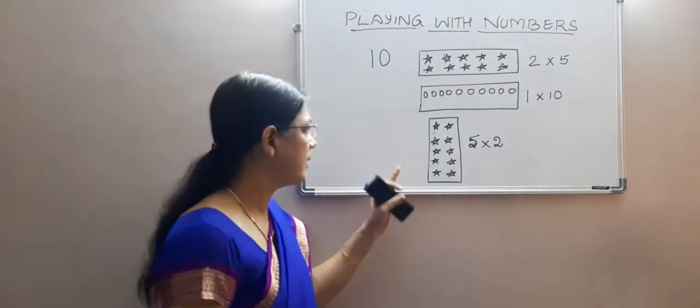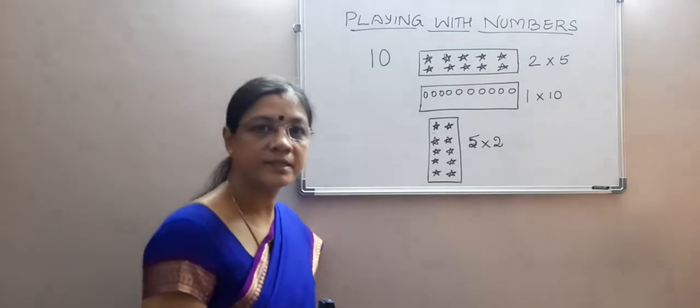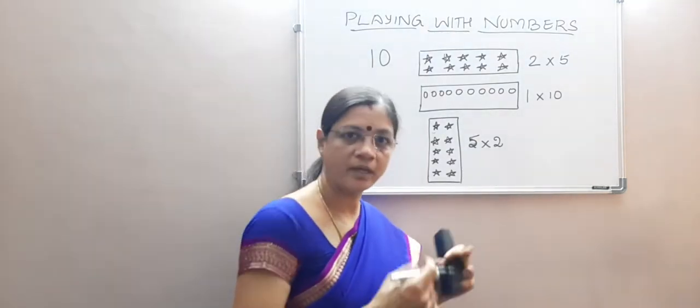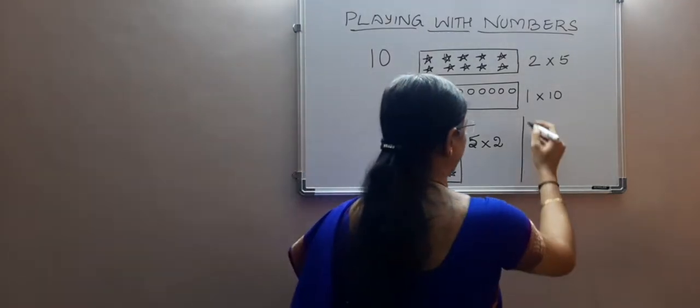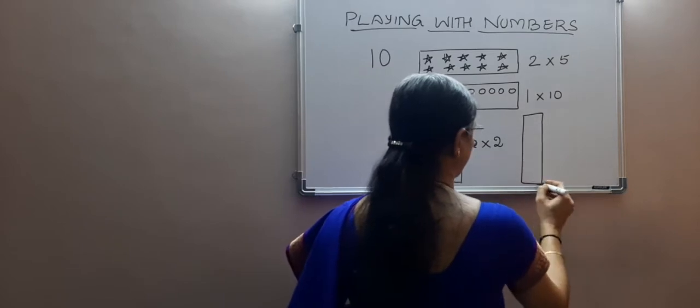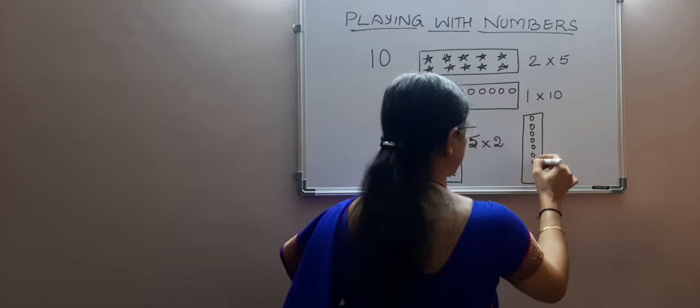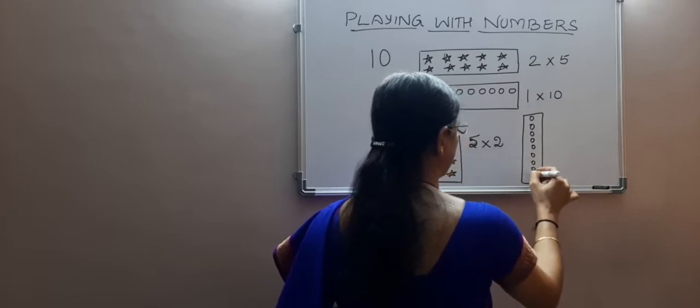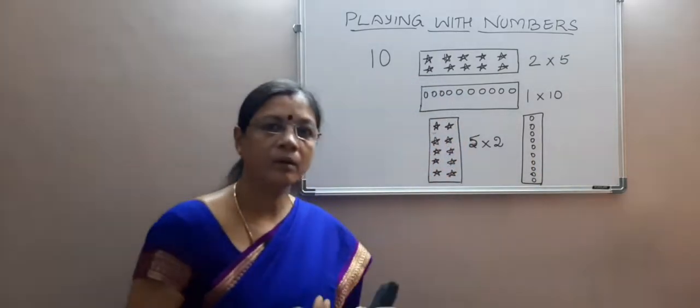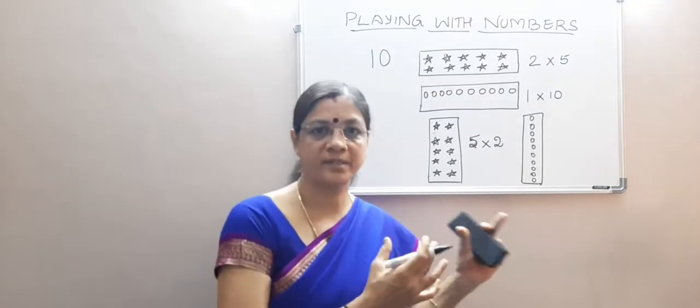Now let me try to arrange this 10 in another way. 1, 2, 3, 4, 5, 6, 7, 8, 9, 10. So do you find any other way of representing this 10?